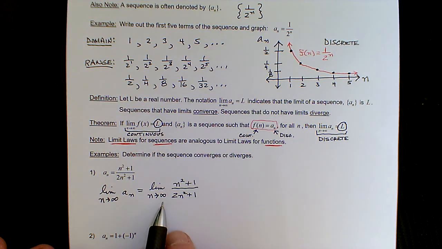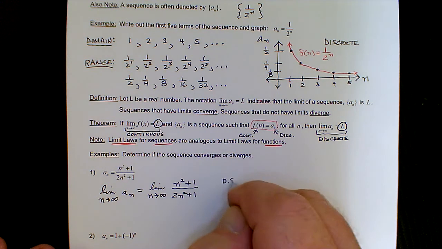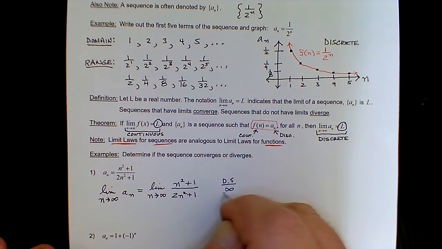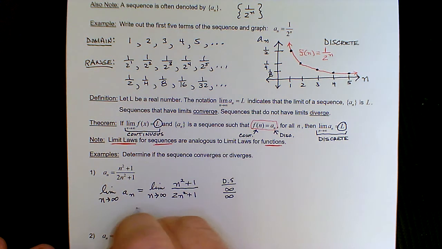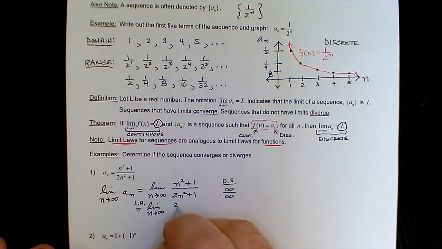Well, let me show it in two ways. We'll first do L'Hopital's rule, because a direct substitution gives us infinity over infinity. So by L'Hopital's rule, we get the limit as n goes to infinity of 2n over 4n squared.